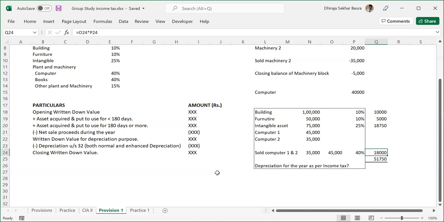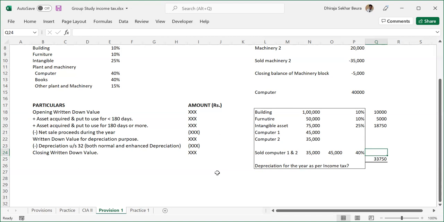Another scenario I'm giving: even if the amount is less, but all of the assets of the block are sold off, in that case also the block will not exist. Any questions on that? I'll talk about the consequence that Sami asked, but before we go there, any questions on this? Understood this. Yeah. Now, if that is the case, what will be the depreciation? 33,750. Exactly the same as the other scenario that we discussed.